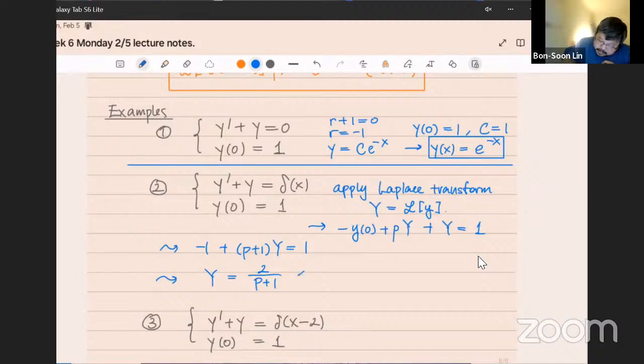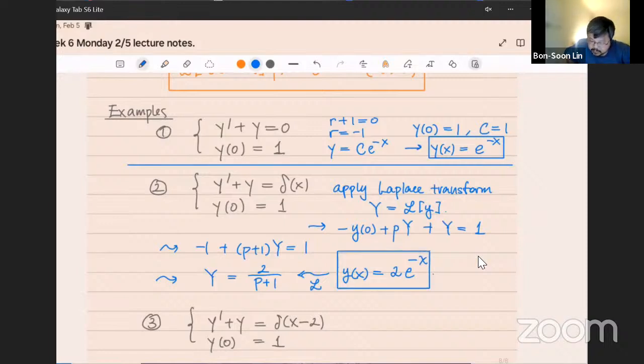Now, let's think. What kind of function transforms to 2 over p plus 1? Can you think of one? y of x is 2 times e to the negative x, right? So here, this is the solution.